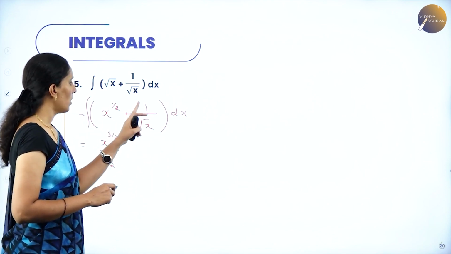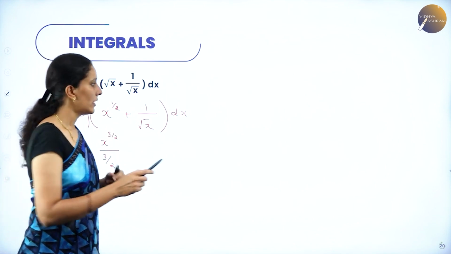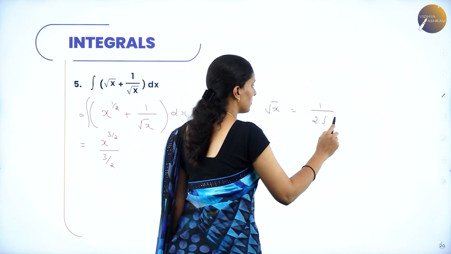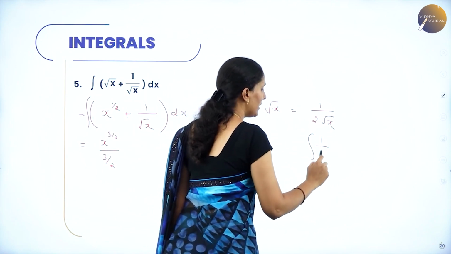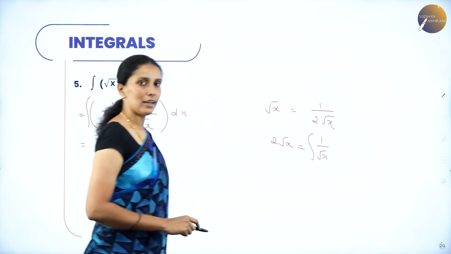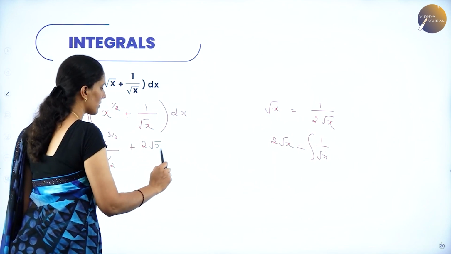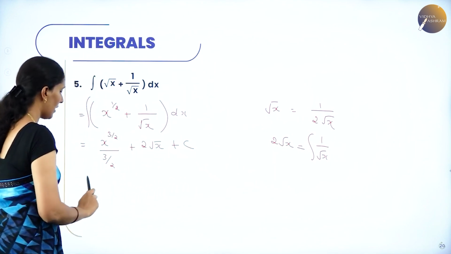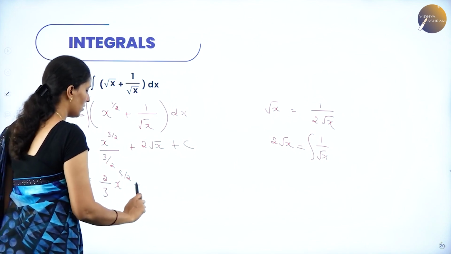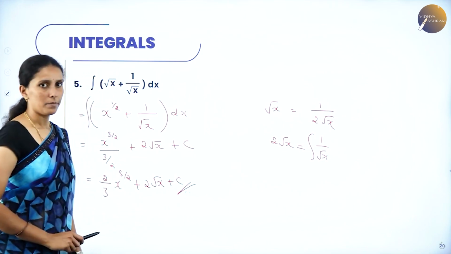And here also 1 by root x can be written as 2 root x because derivative of root x is 1 by 2 root x. So if you apply integral here, then 2 root x is its integral value. Thus I can easily write here 2 root x plus c. And here I can write it as 2 by 3 x to the power 3 by 2 plus 2 root x plus c is the integral.